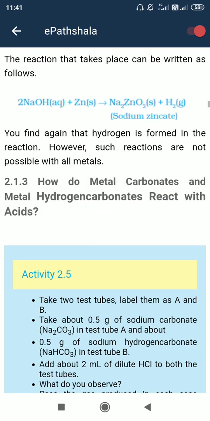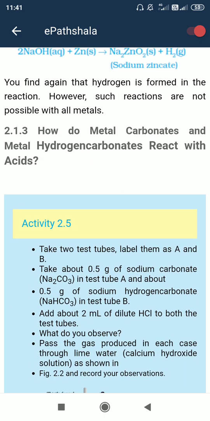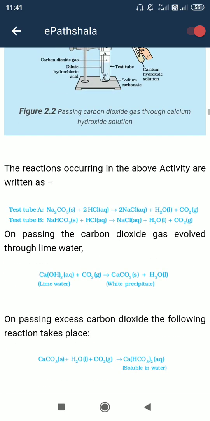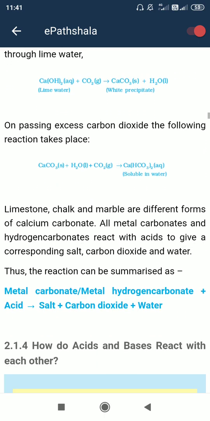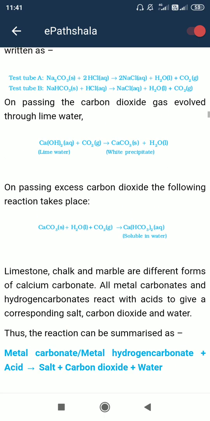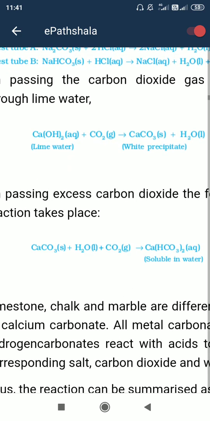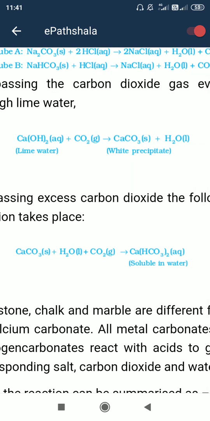So up to this it is completed. Okay, how do metal carbonates and metal hydrogen carbonates react with acids? See the reaction here. Here calcium hydroxide, also known as lime water, is reacted with carbon dioxide. We need to remember that another name of calcium hydroxide solution is lime water. The product is calcium carbonate, a white precipitate, and H2O liquid.